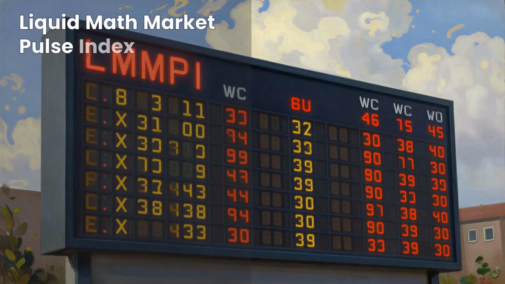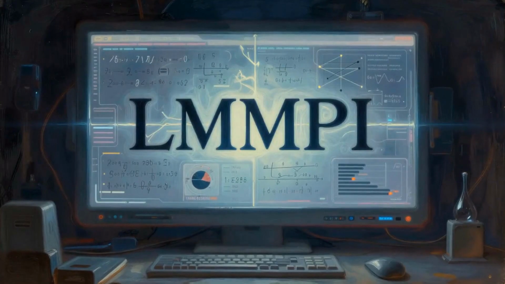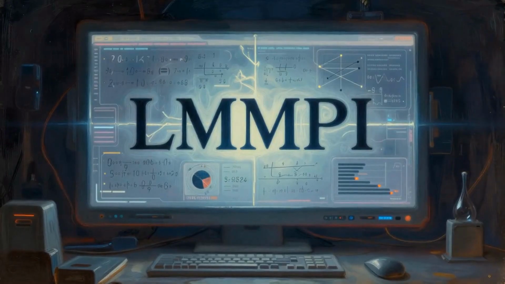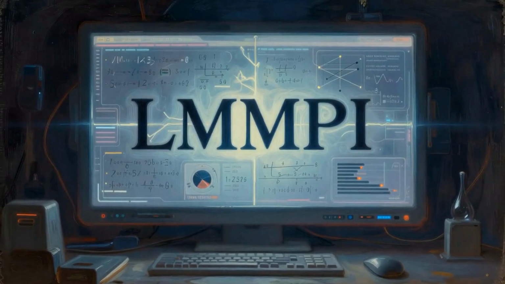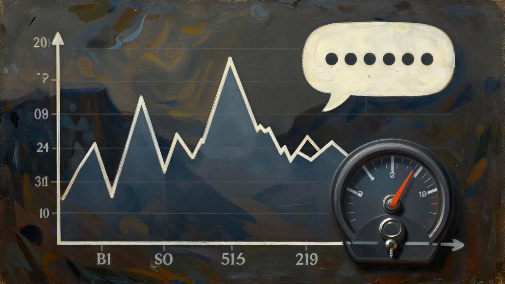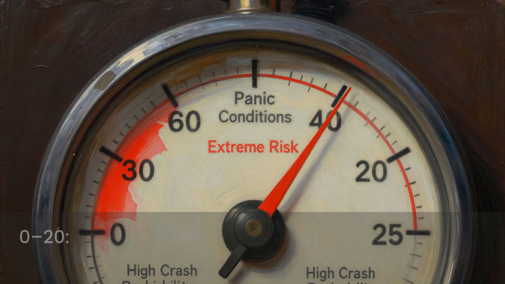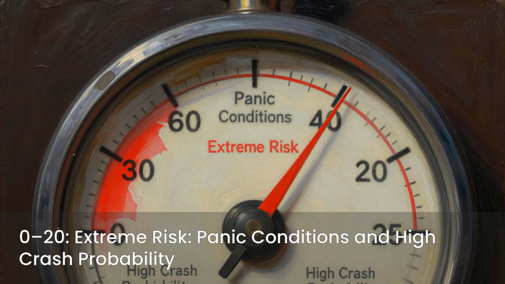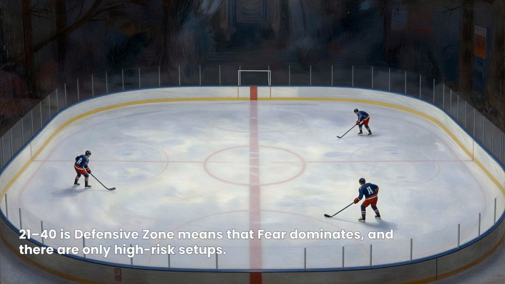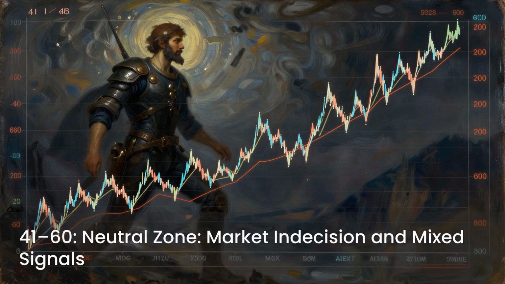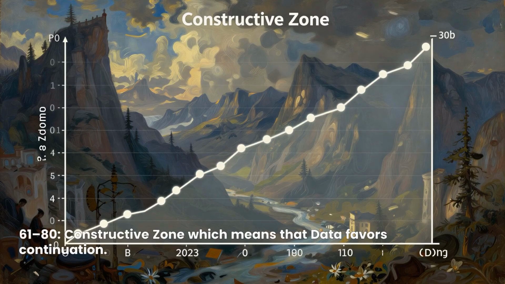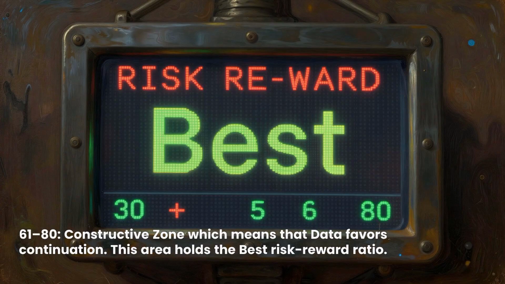And now let's continue with the Liquid Math Market Pulse Index, LMMPI. The Liquid Math Market Pulse Index, LMMPI, is something that I created with the help of AI, and what it does is that it scores the coin from 0 to 100 based on price structure, sentiment, macro pressure, and hidden signals. 0 to 20 is extreme risk, which means panic conditions and a high crash probability. 21 to 40 is defensive zone, means that fear dominates, and there are only high-risk setups. 41 to 60 is neutral zone, which means that the market is undecided and choppy with mixed signals. 61 to 80 is constructive zone, which means that data favors continuation.